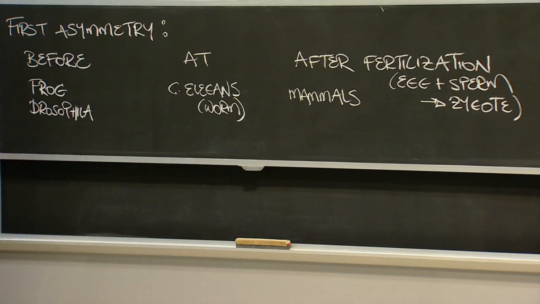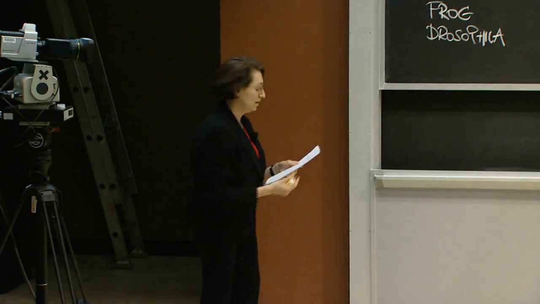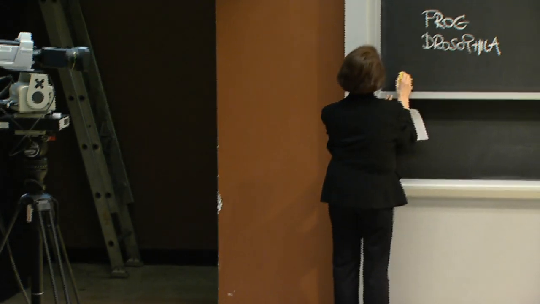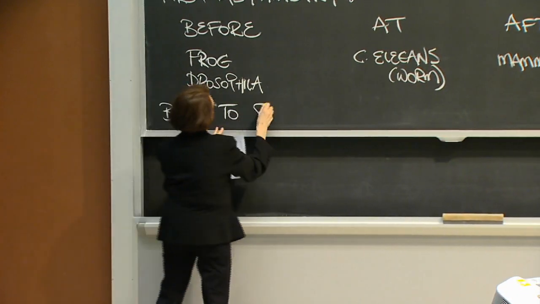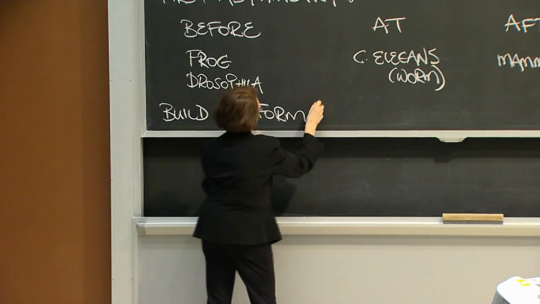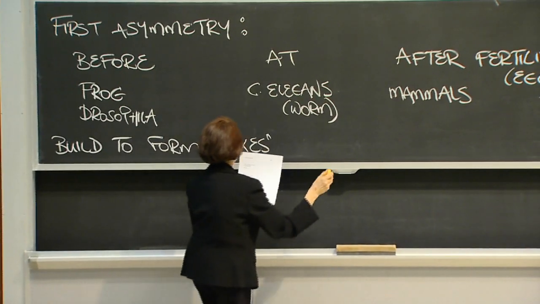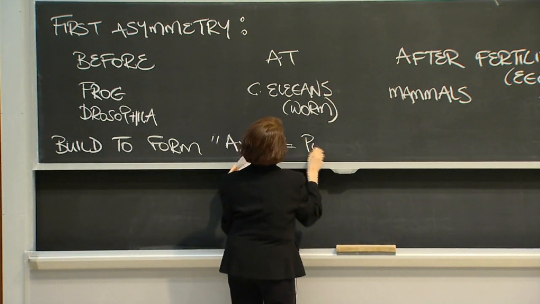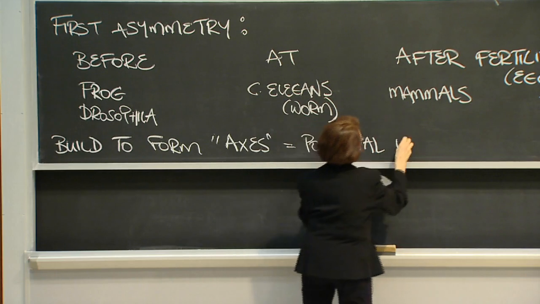And these asymmetries eventually build up to give rise to a system of positional coordinates, kind of like the lines of latitude and longitude on the globe. And these are called the axes, which are positional values.